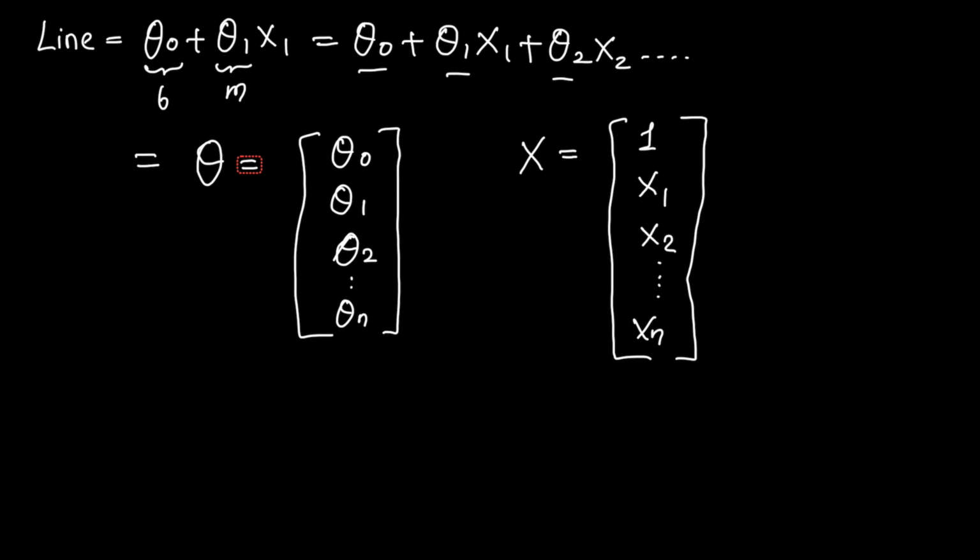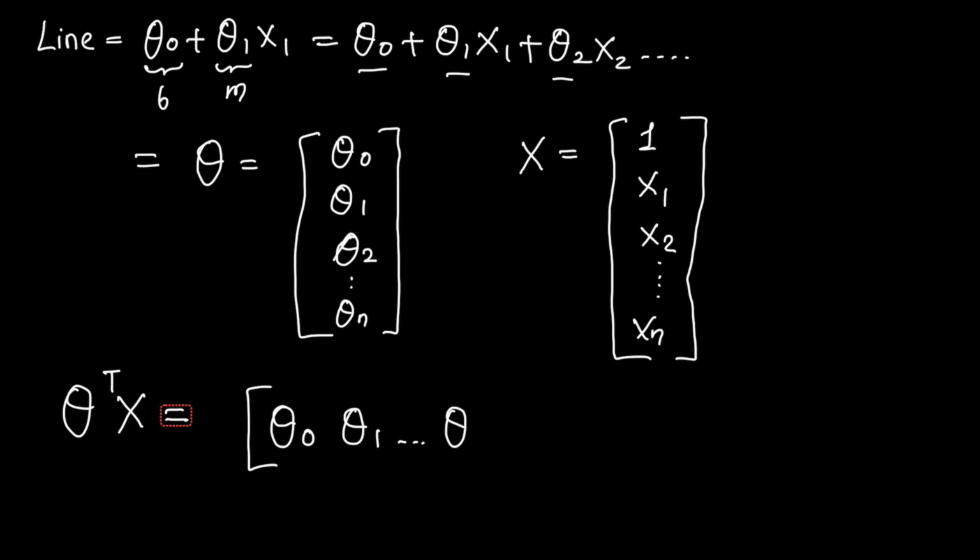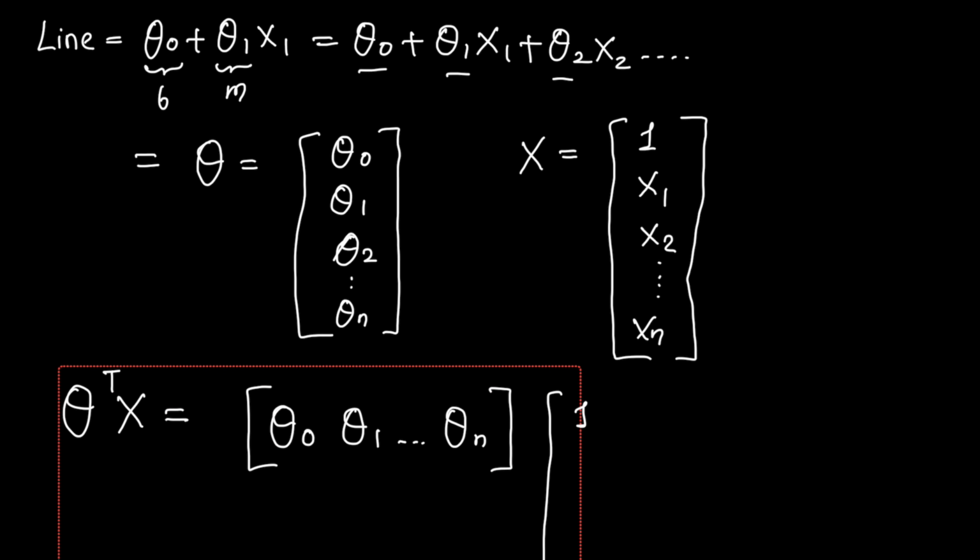Now let's do theta transpose x, the dot product. Theta transpose simply transposes this column vector so that it becomes a row vector: theta naught, theta 1, dot dot dot, theta n, and x is simply 1, x1, x2, dot dot dot, xn.